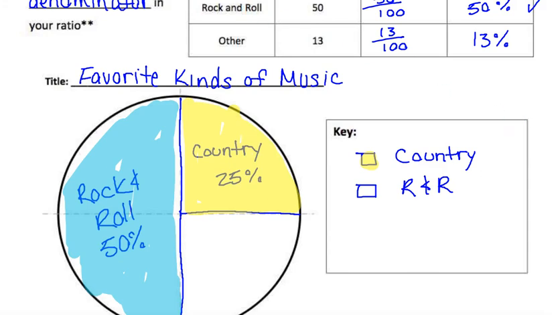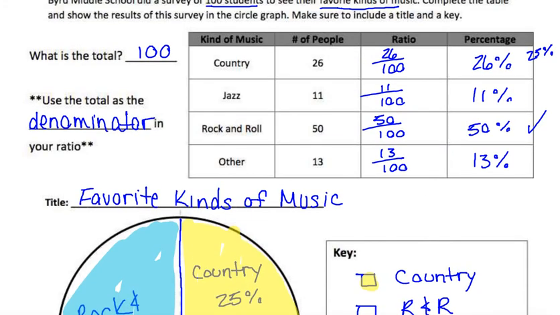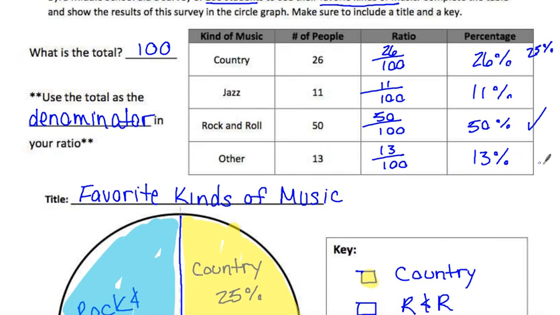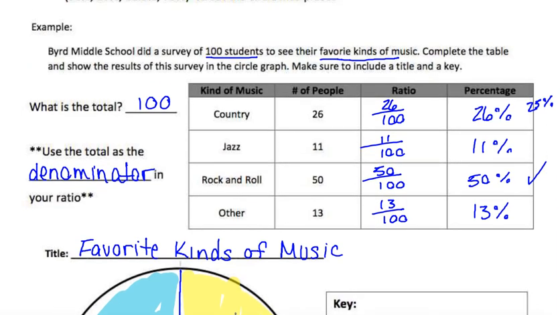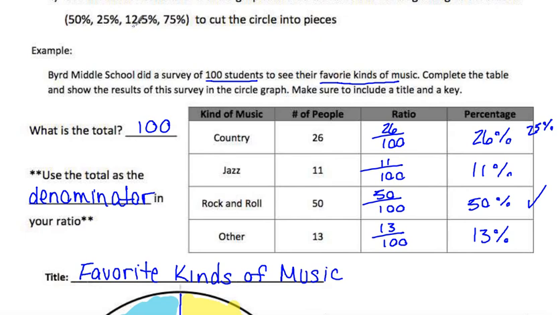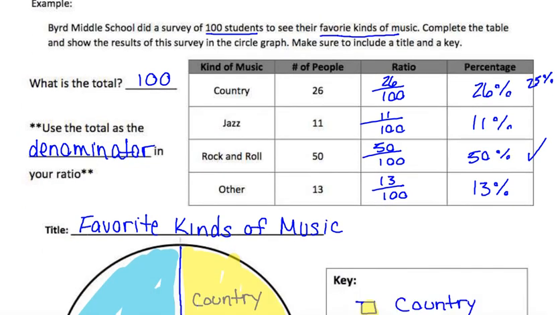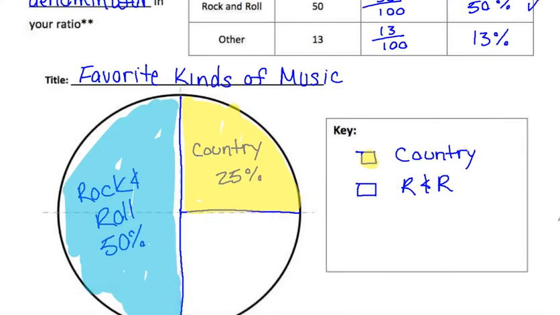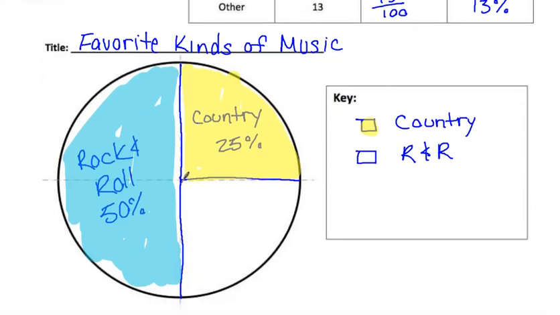All right, now here's where we start to run into some trouble. 11 and 13. Well, the other section that's small enough is 12.5. 12.5 represents half of a corner, which is 25. So I am pretty close that if I were to freehand draw this, I'm going to have one section that's a little bit bigger than the other.